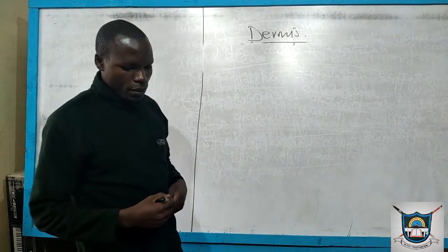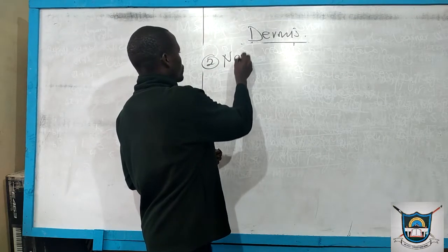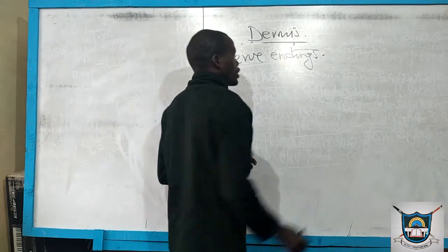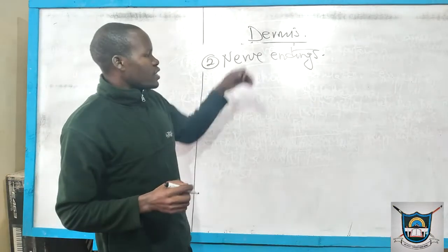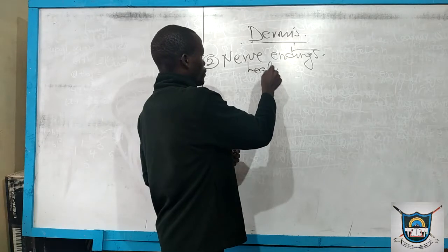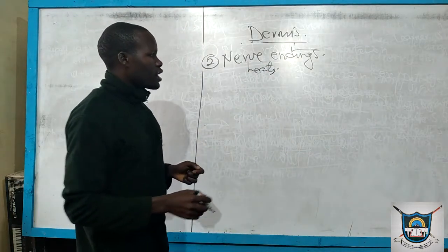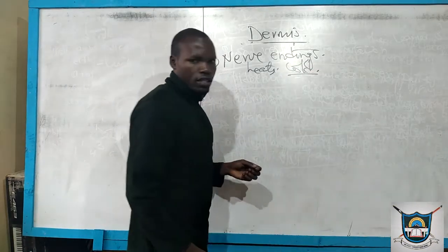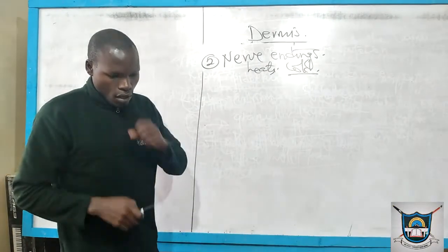The other part within the dermis is the nerve endings. The nerve endings are the ones which aid in the detection of heat. When there is heat within the skin, these nerves are the ones to assist. And again, when there is much cold within the skin, this part is the one responsible.